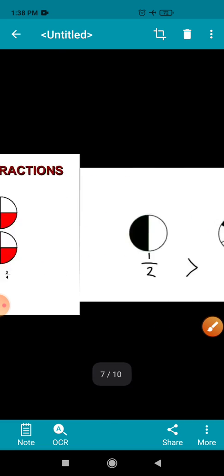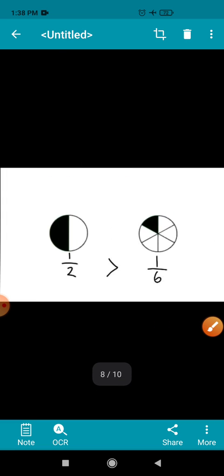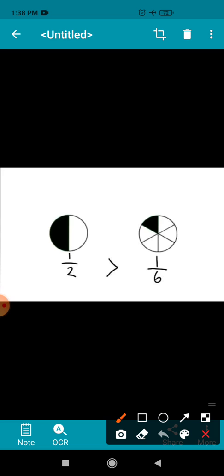Now here in this picture you can see the first figure is divided into 2 equal parts, and out of 2, one part is colored. In the second picture the same figure is divided into 6 equal parts, and out of 6 only one part is colored.